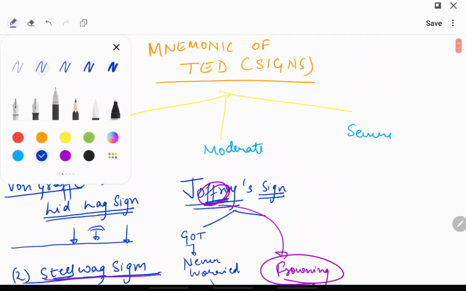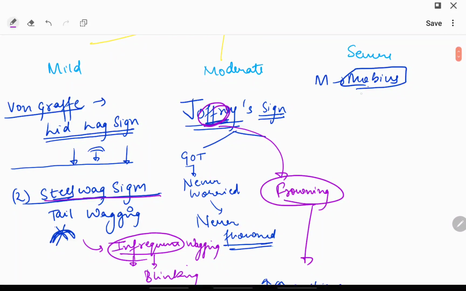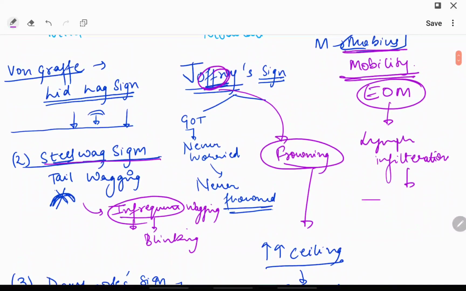The last one is M, the Mobius sign. Okay, try to remember it like, okay, so now we know, very smart doctor just married. Okay, so Mobius sounds like mobility. Okay, so the extraocular muscles get affected. So once the extraocular muscles get affected due to lymphocytic infiltration, the patient is unable to converge his eyeballs.